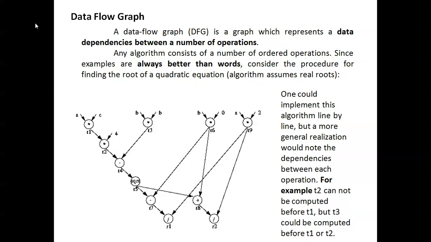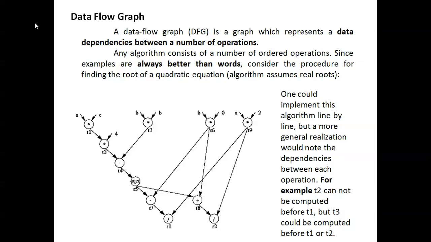For example, the process is going A, B, C, like that, T1, T2, T4. The processing runs A and C first. Based on the graph, the output you get is T1. After that, B and B, those two processes run and give T3.